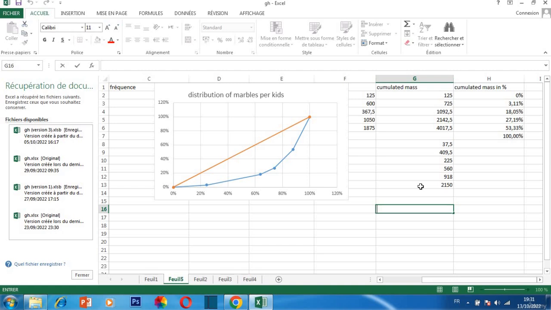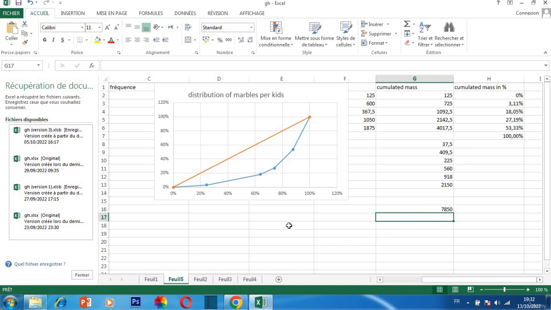What we calculated here is 2,150. Here we have 100 multiply by 100 minus 780 50%.